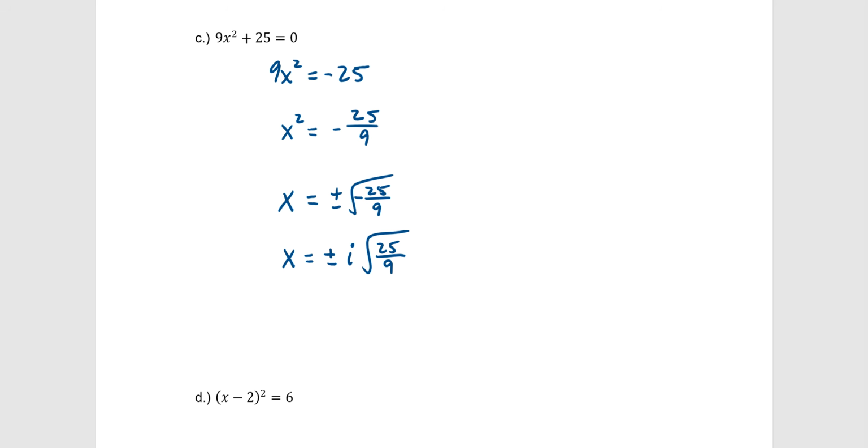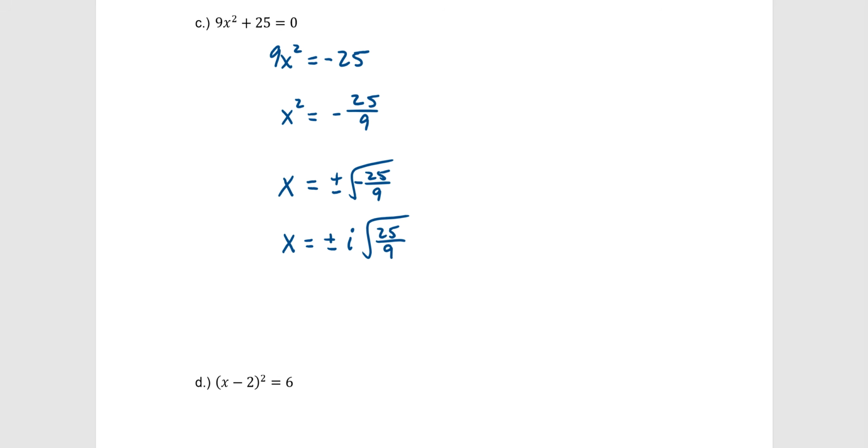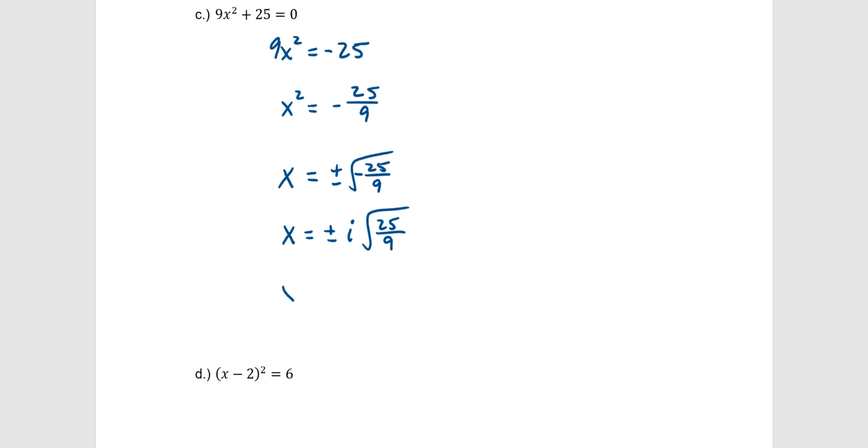So essentially I split it up and took out the square root of negative 1 and just rewrote that as i. And now we can take the square root in the numerator and denominator separately. The square root of 25 is 5 and the square root of 9 is 3. So this is going to be plus or minus 5/3 i.